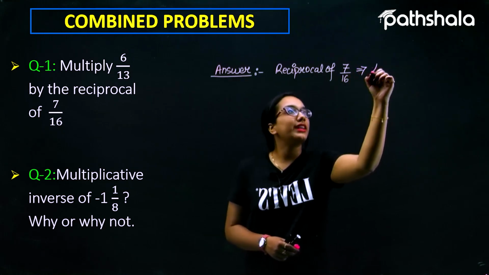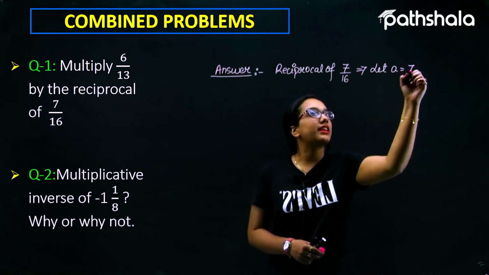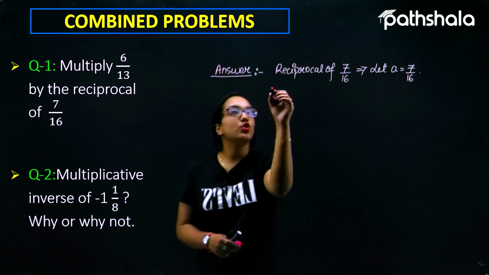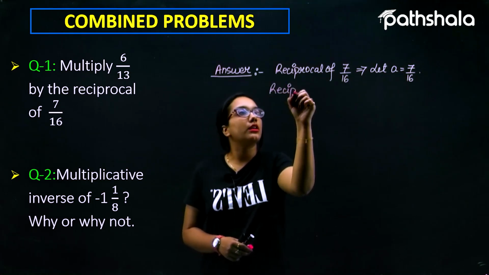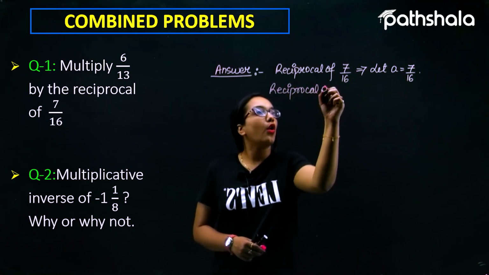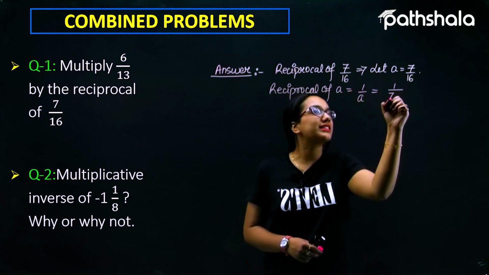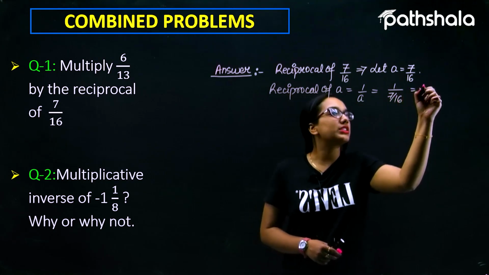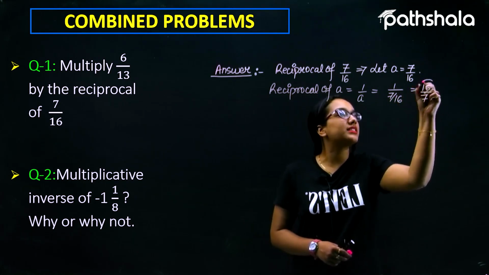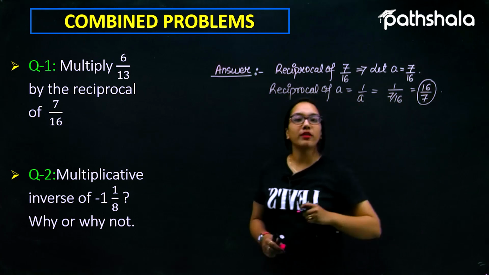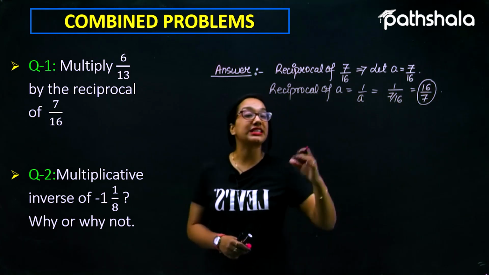Let A be 7 by 16. The reciprocal of A is equal to 1 by A, which means 1 divided by 7 by 16, which is 16 by 7. So the reciprocal of 7 by 16 is 16 by 7.